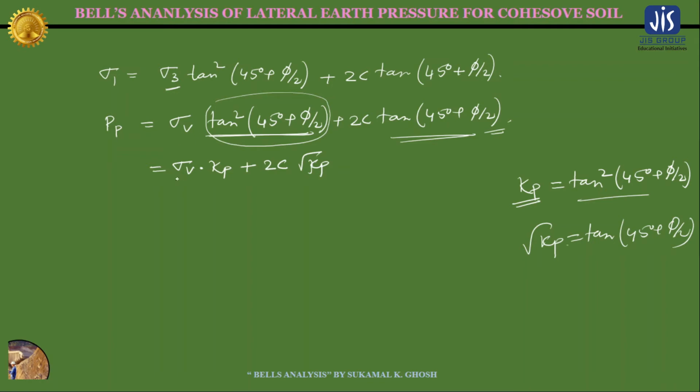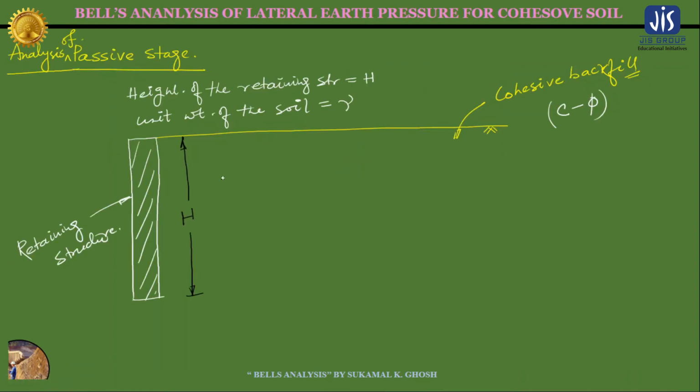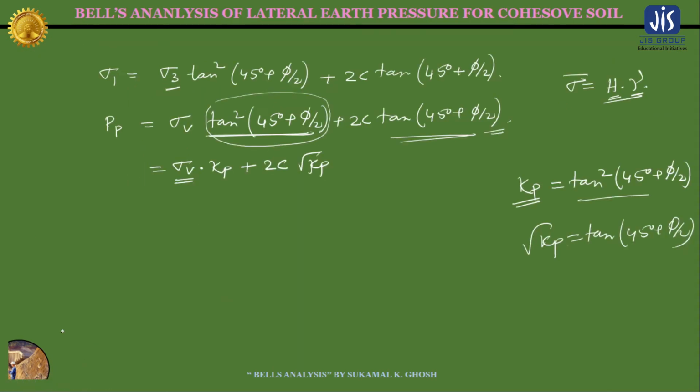Now this vertical stress is nothing but the effective stress, okay? So we know the effective stress is height into the unit weight. Here the height is h and the unit weight is gamma. So let me write it here: h into gamma, this is sigma v into Kp plus 2c root over Kp.